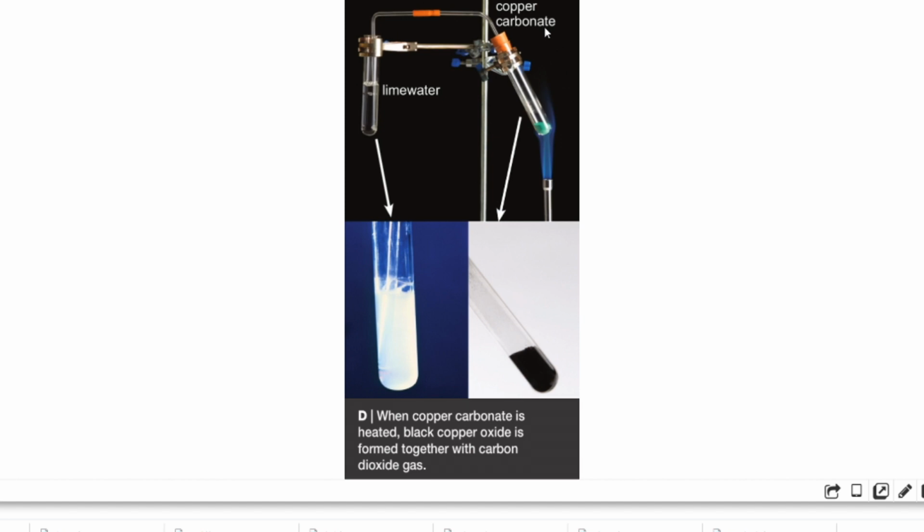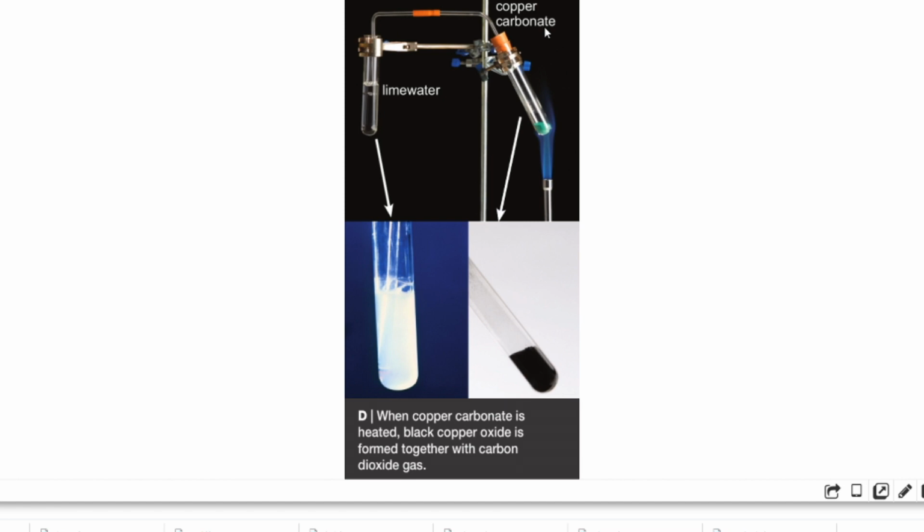But when we heat something that's a carbonate, one carbon atom and two oxygen atoms break off. Carbonate is CO3, so copper carbonate will be a copper atom, one carbon atom and three oxygen atoms, CuCO3.